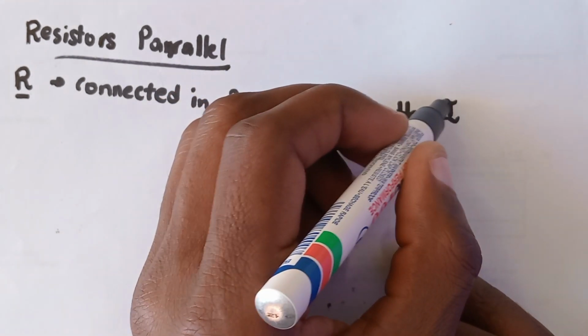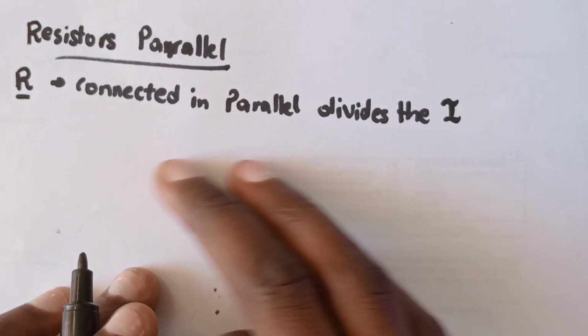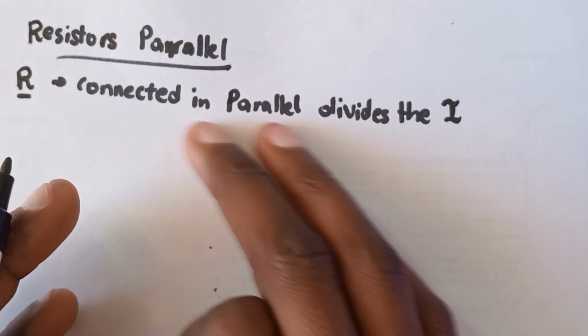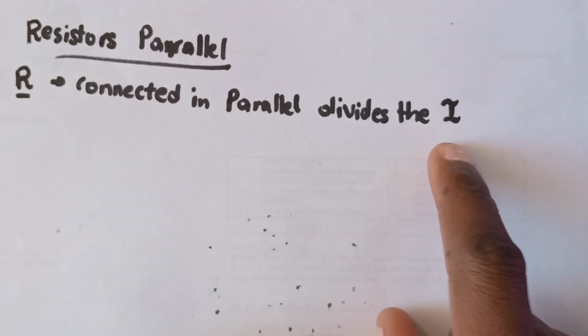I'll say I here for the current. Now, since these resistors are connected in parallel, they divide the current.